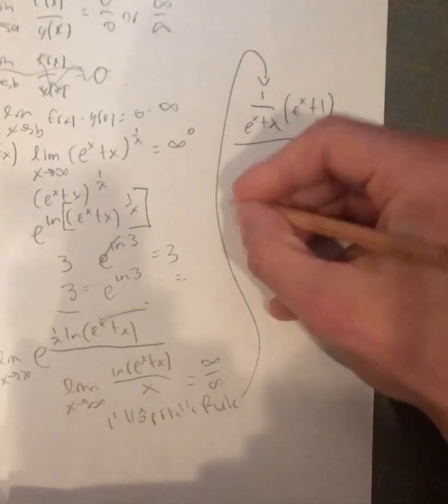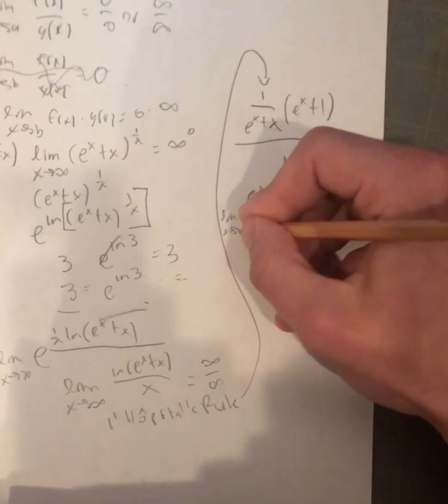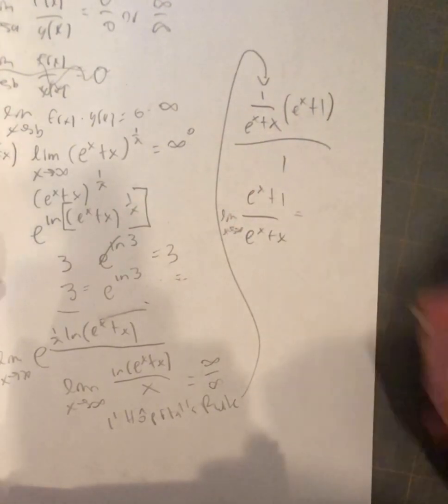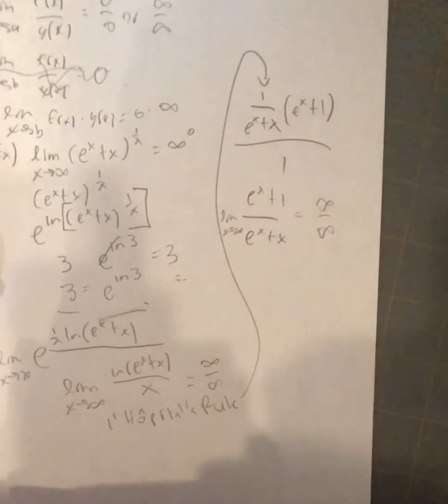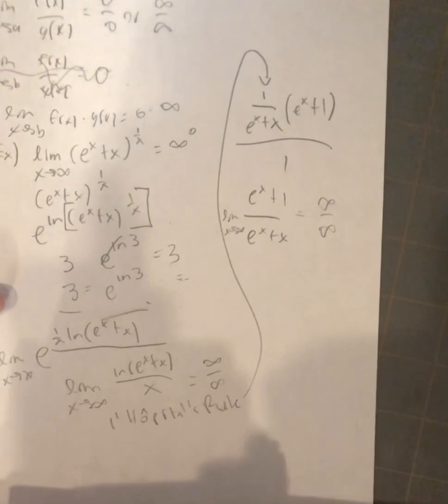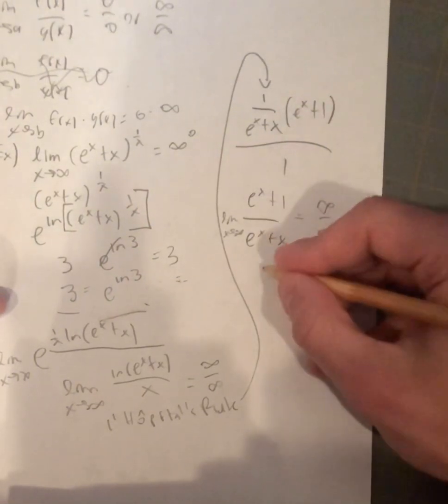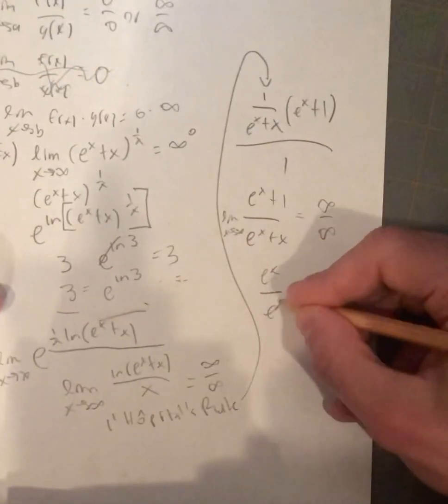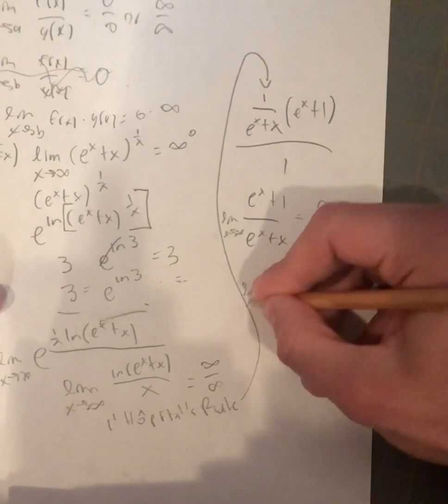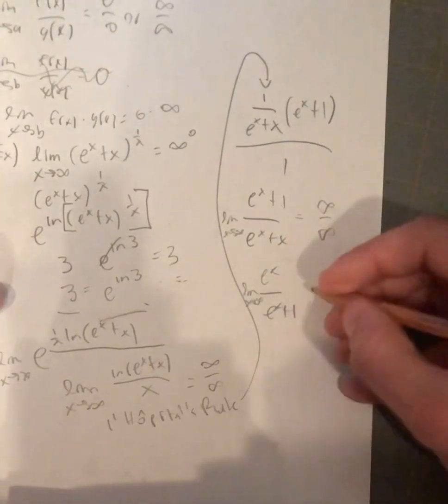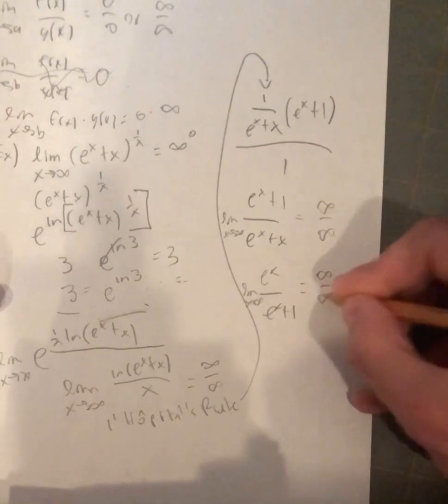And we're still taking the limit as x approaches infinity. Well, this is still going to be infinity over infinity. So we can take a derivative again. Derivative of the top is e to the x. Derivative of the bottom is e to the x plus 1. And again, we'll get infinity over infinity.